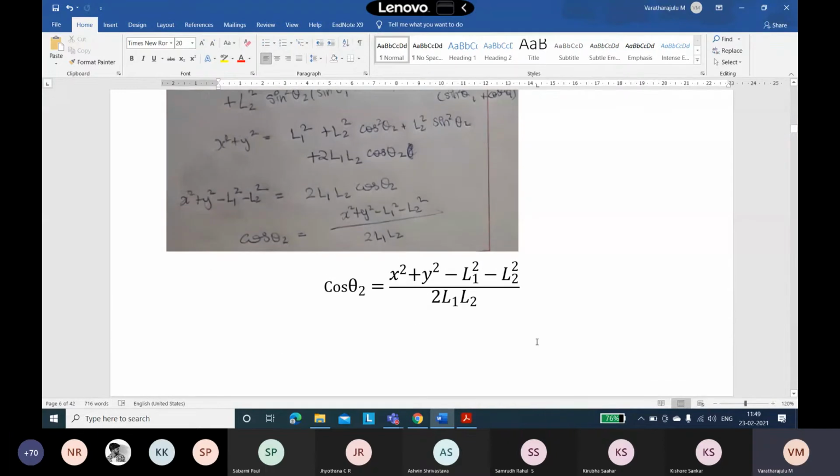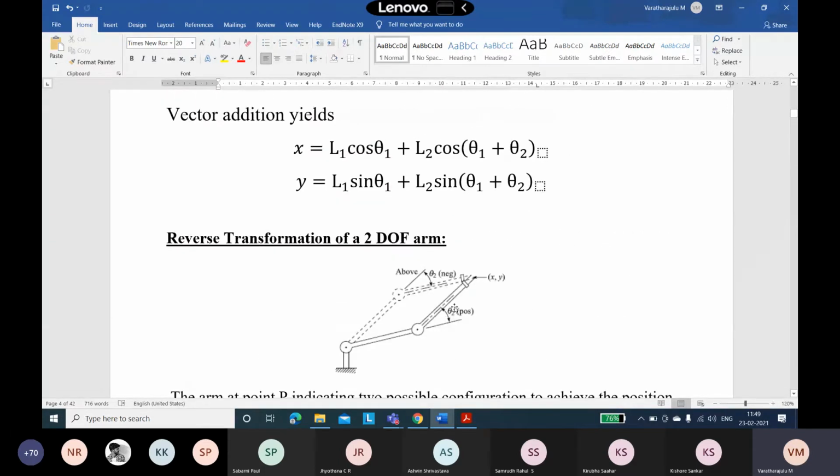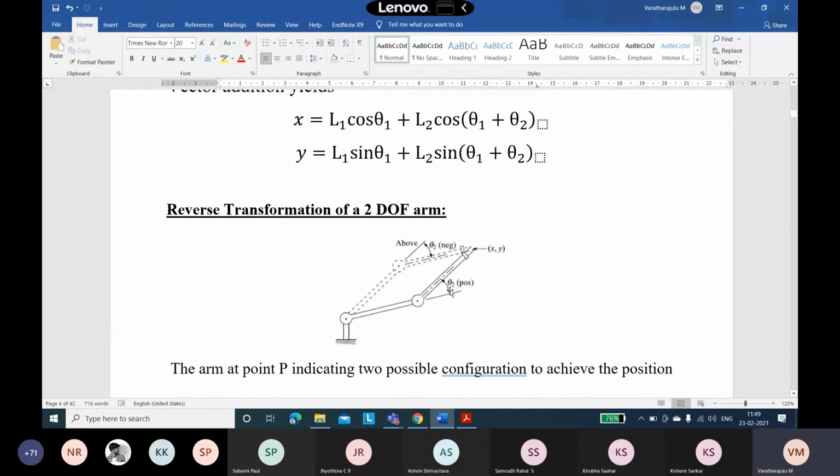Why are these derivations necessary? To make the end effector move as per our wish, to make changes over the end effector, we need this data. We need theta 2 at the second joint, and we have theta 1 here. When we are aware of theta 2, only then can we make a movement over the end effector.